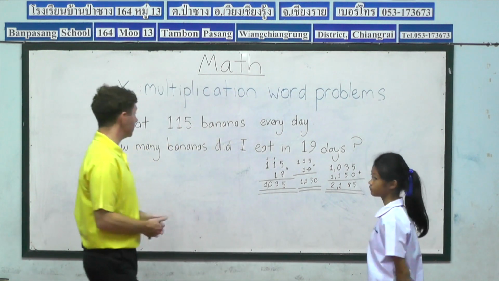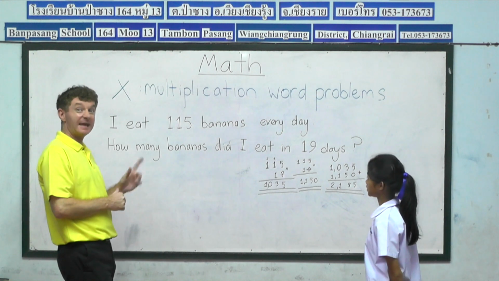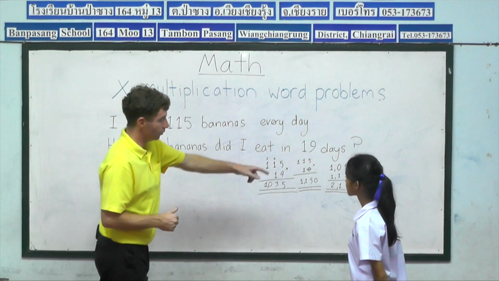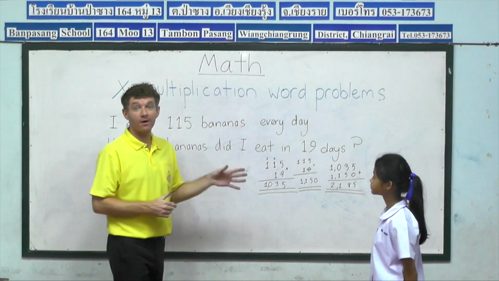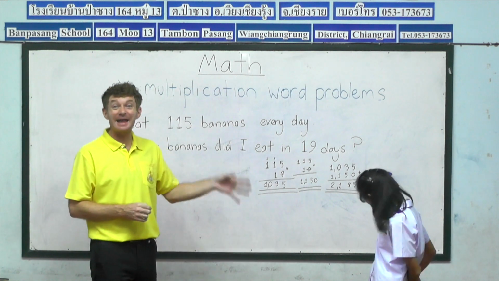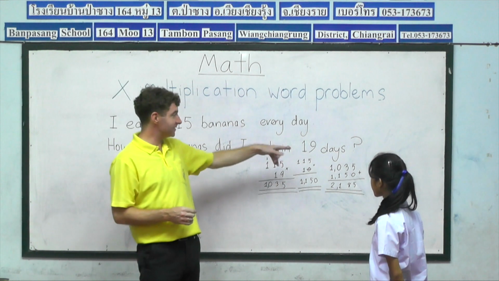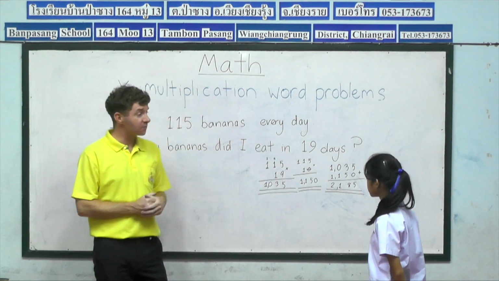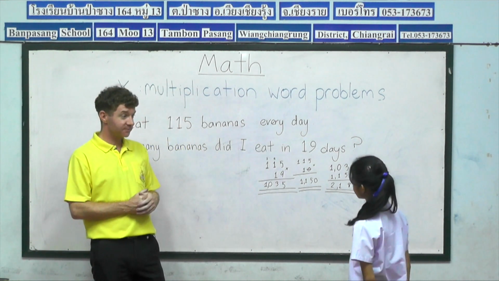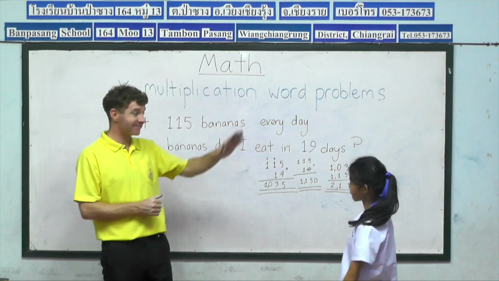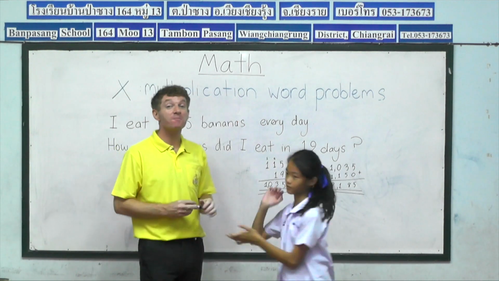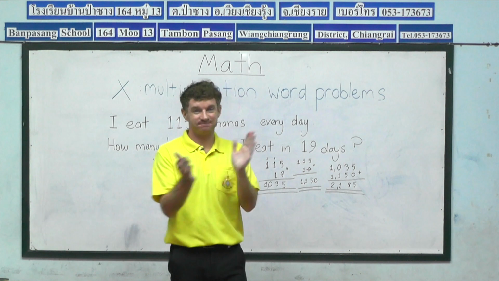So we can say, Dawn eats 2,185 bananas in 19 days. Wow, Dawn, that's a lot of bananas, okay? But that was very well answered. Excellent. High five. Big round of applause for Dawn.